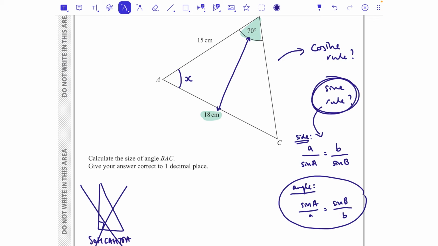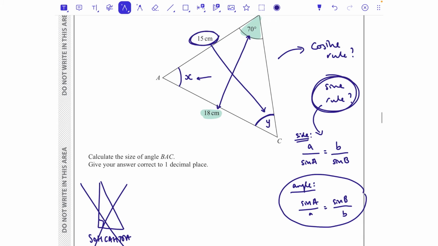Now, here is something that we haven't considered. I've got this pairing in blue, which is fine, but this side over here goes with this angle here. But that's okay. What we're going to do is work out this angle, and then take it away from 180, and that will enable us to get that one.